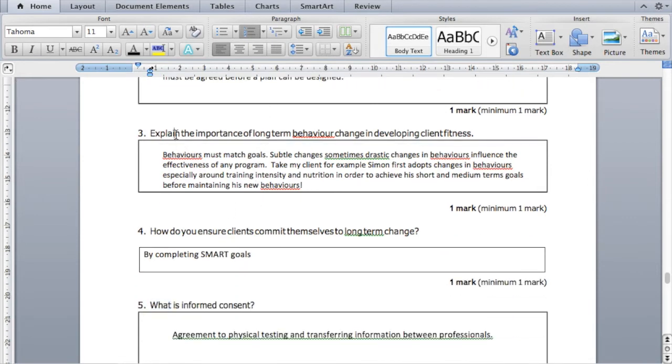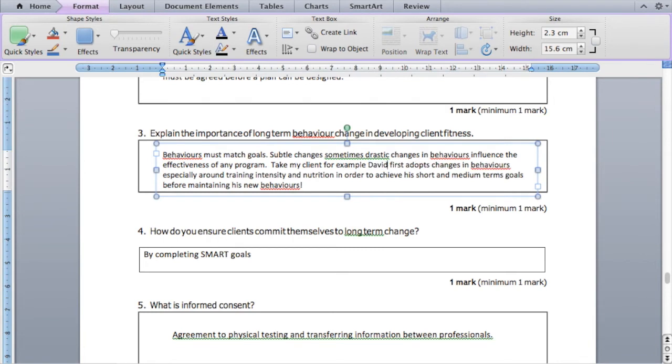Explain the importance of long-term behavior change in developing client fitness. So I've put here behaviors must match goals. Subtle changes, sometimes drastic changes in behaviors, influence the effectiveness of any program. Take my client for example.